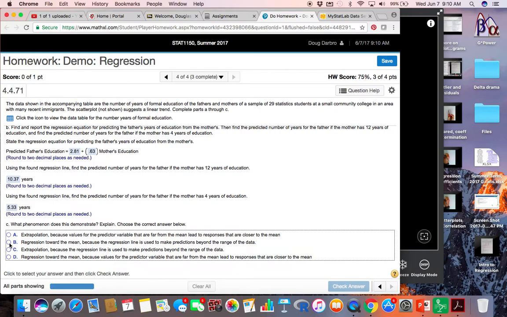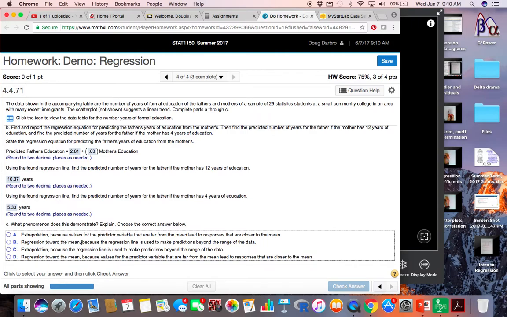So what I have here is my correct answer is either going to be B or D. So B says regression toward the mean because values for the predictor value that are that far lead to responses that are closer to the mean.